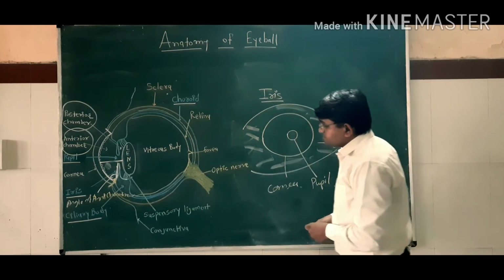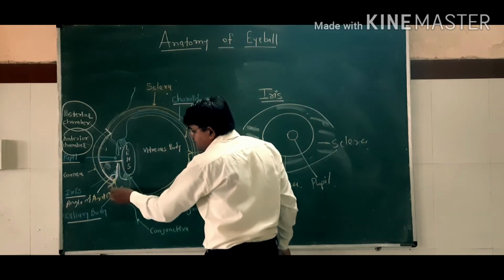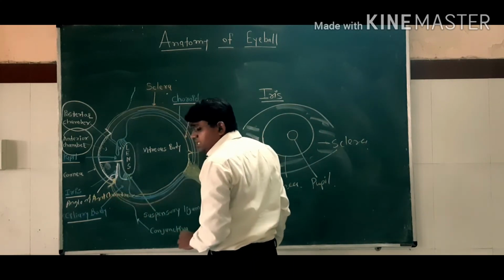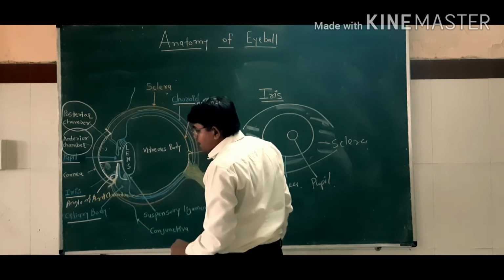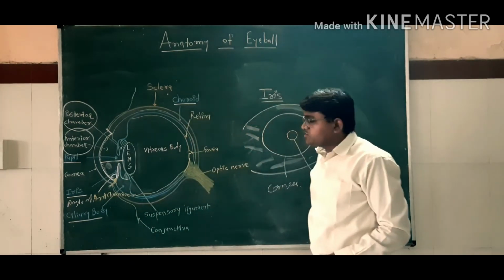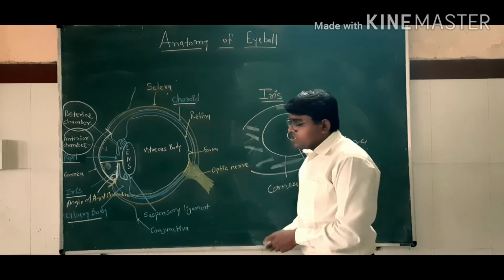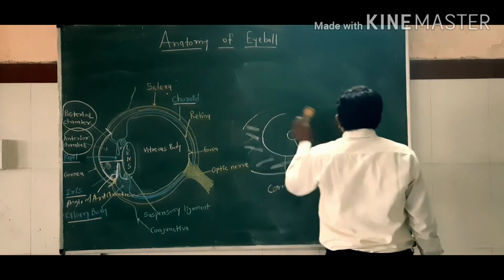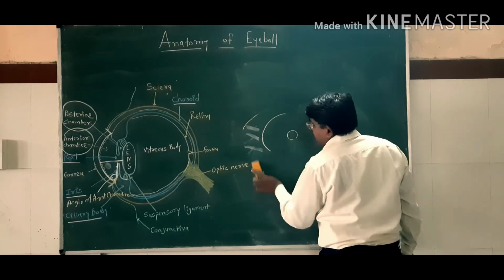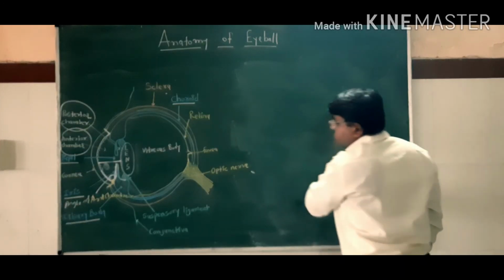Okay, then the iris on the posterior side is attached to the ciliary body and forms an angle with the cornea. It is known as the angle of the anterior chamber. Now if we draw the iris, it has two surfaces, the anterior surface and the posterior surface.